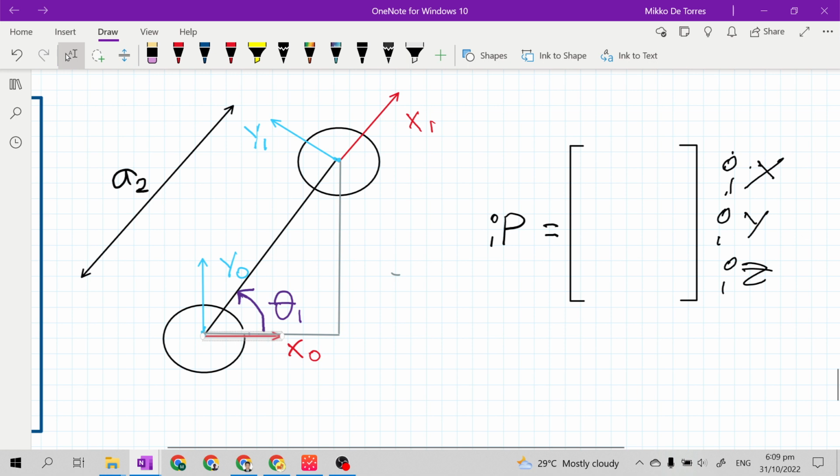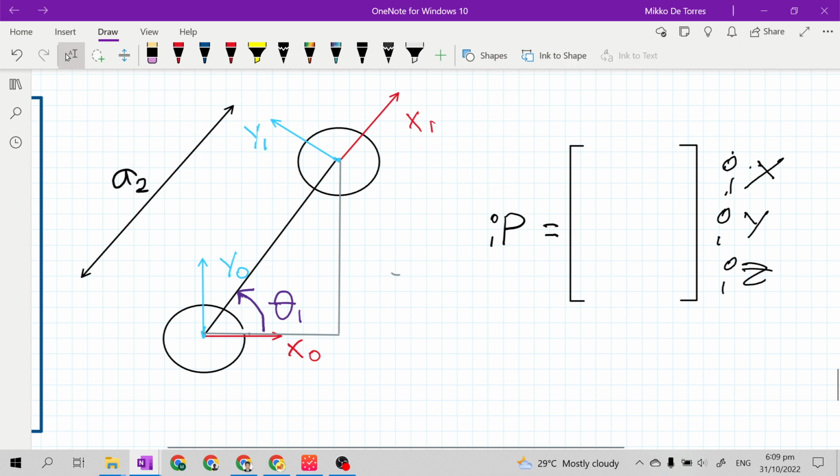The same with Y sub 0 projected, or how Y sub 1 is translated on Y sub 0, using the rules of trigonometric functions. X01 is the same as X sub 0, and Y01 is the same as Y sub 0.